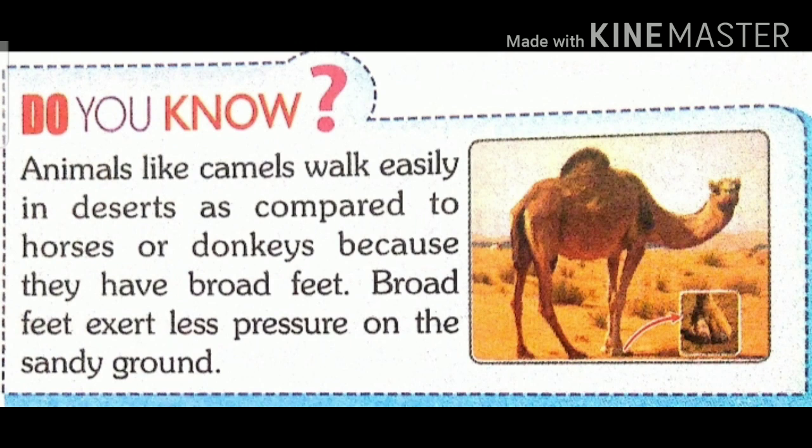Do you know some animals like camels walk easily in deserts as compared to horses or donkeys because they have broad feet. Broad feet have a larger area of contact with the sandy ground, and we know very well that the larger the area of contact, lesser will be the pressure. So, broad feet exert less pressure on the sandy ground.